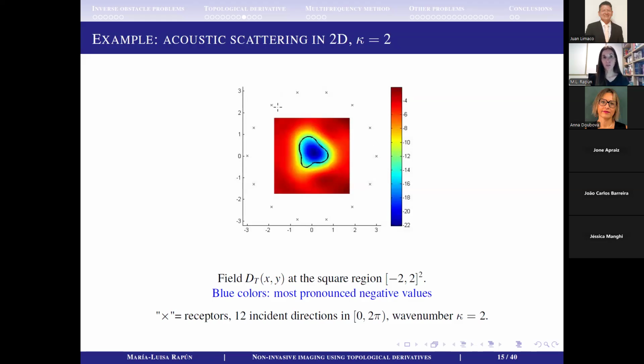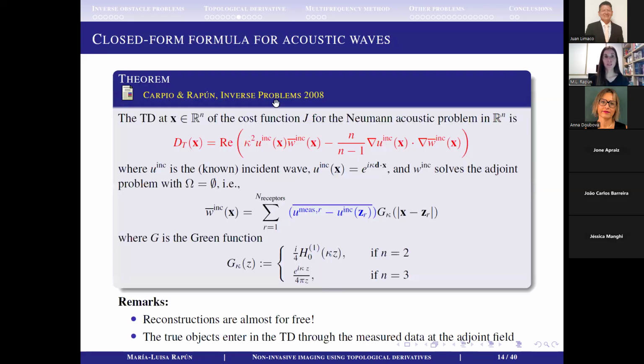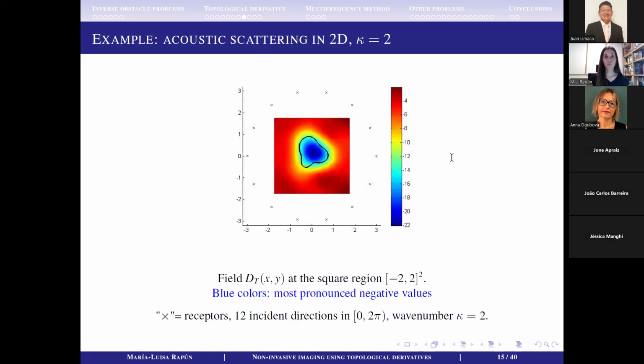Then, by computing the topological derivative, this means by evaluating this expression here at grid points, I obtain this color map, in which the largest negative values are given by blue colors. If you look at the darkest blue colors, you can see that all are concentrated inside my object, meaning that I'm finding a region which is inside the object.